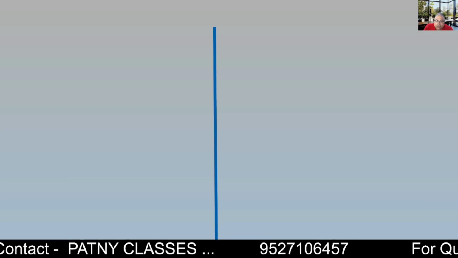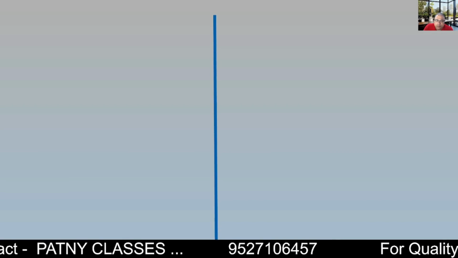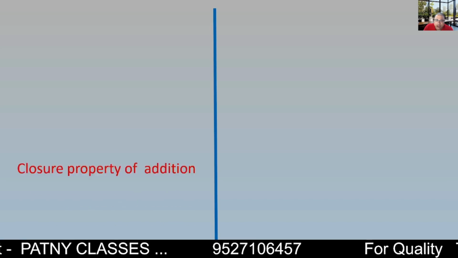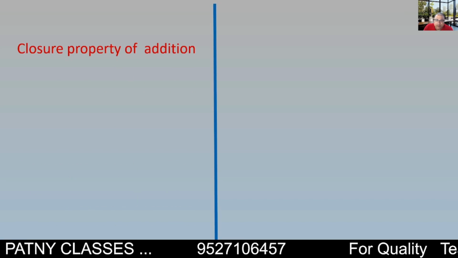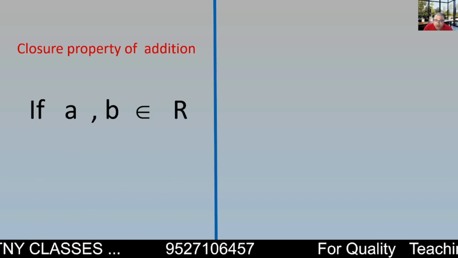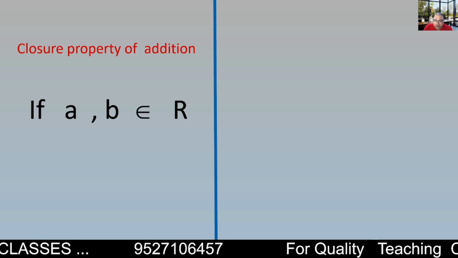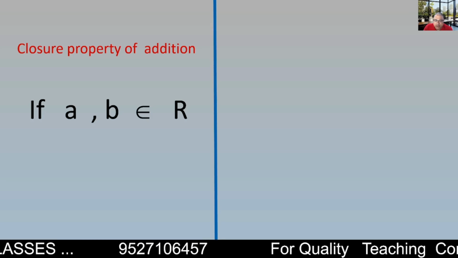First property, closure property. Closure property of addition and closure property of multiplication. Under the closure property of addition, we have two real numbers. A is a real number as well as B is a real number.